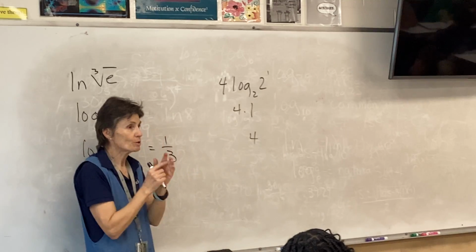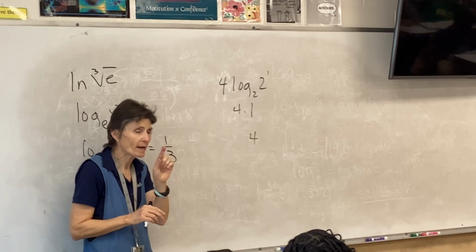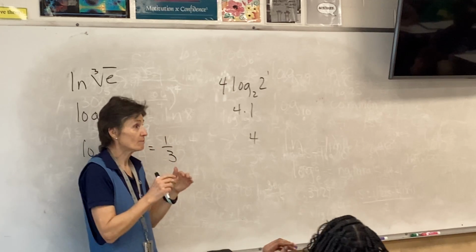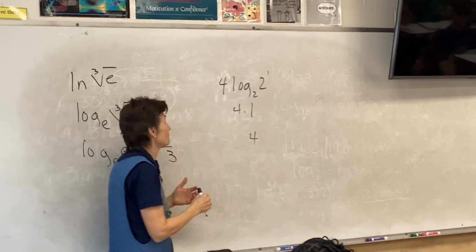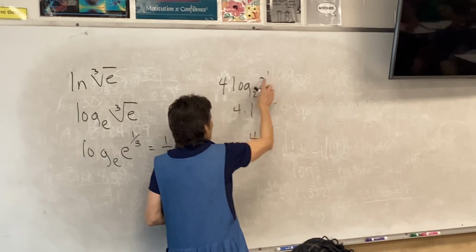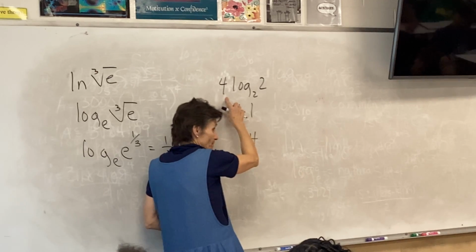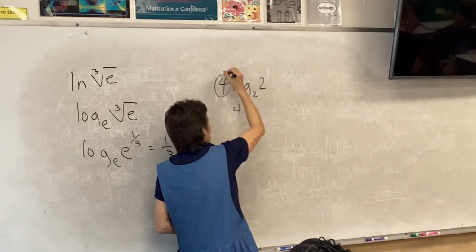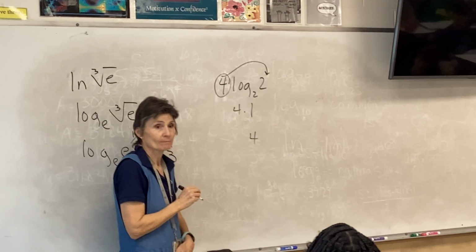Now, there's nothing wrong with that, that's perfect. I want to show you another way of doing that problem though, that involves another skill we're going to need eventually. Whenever you have a number written out in front of a logarithm, that number actually represents an exponent.